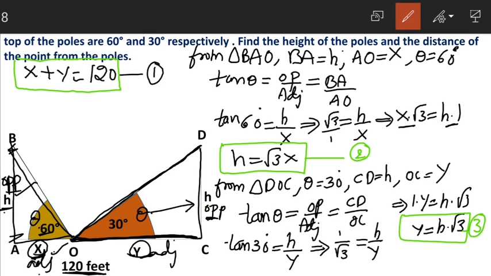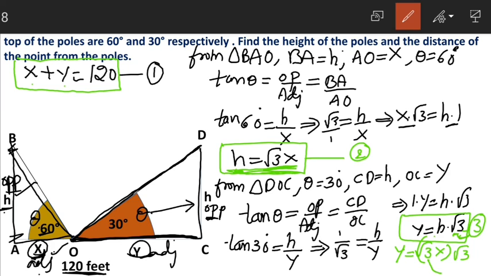Observe the first equation, that is x plus y is equal to 120. Observe the second equation, that is h is equal to root 3x. Instead of h we can write root 3x. I am substituting that value in y is equal to h root 3. Instead of h I can use root 3 into x, into root 3 as it is.